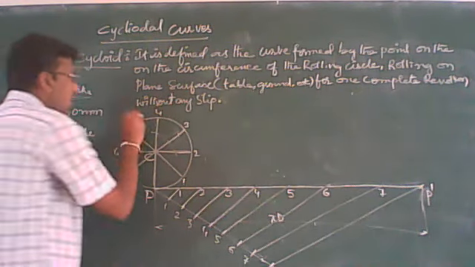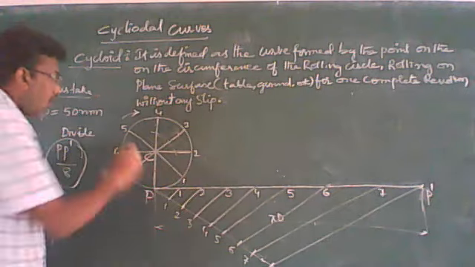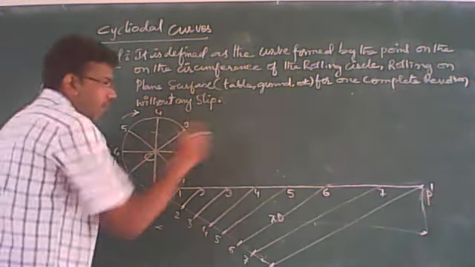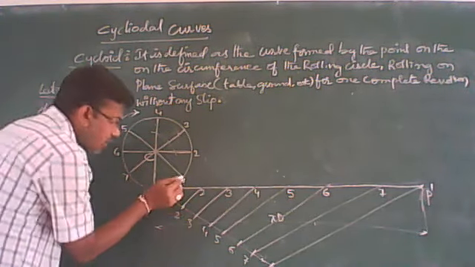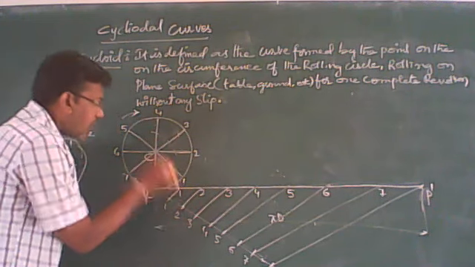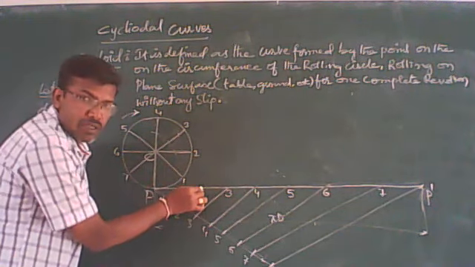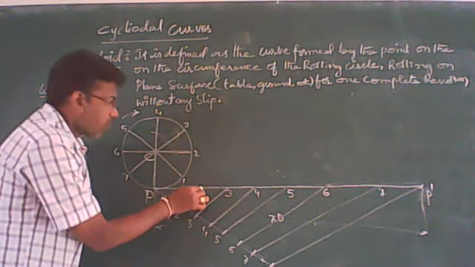Next, now I start rotating this circle. When I move this circle for one equal part, this 1 is going to touch this particular part. And then once again move, this 2 will touch this 2 point on this PP dash line.